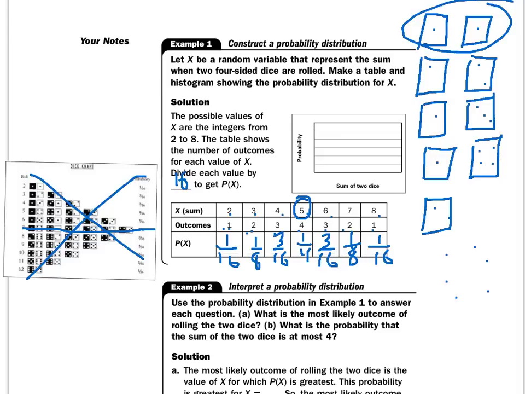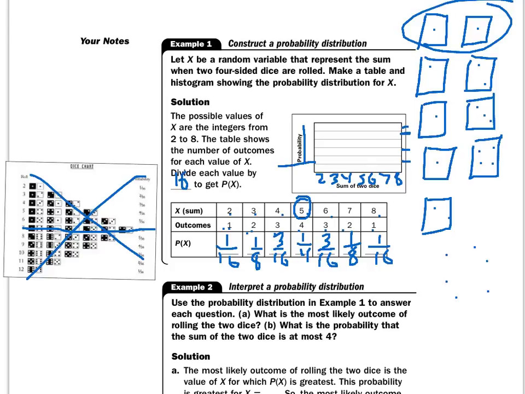If I were to graph that, what I might do on my probability over here, these are generally percentages, these lines as they go up. Okay, down on the bottom I'm going to put 2, 3, 4, 5, 6, 7, and 8. And sometimes we can do with this, instead of making them percentages, maybe what we make them is fractions.